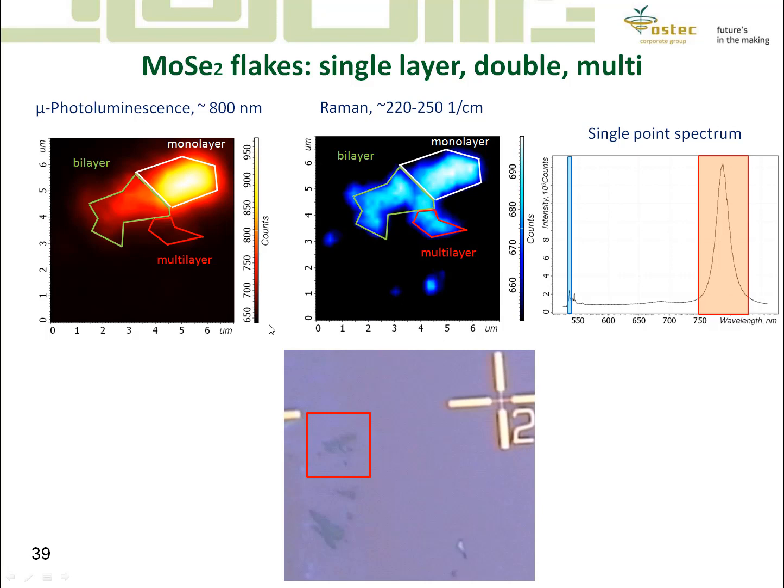And the other peak, a red, orange color peak on the spectrum, corresponds to the fluorescence, which appears only in monolayer material, but in bilayer or multilayer it's significantly smaller because of the type of semiconductor in this case. So this is molybdenum diselenide flakes, and such optical properties can be identified simultaneously with the Raman mapping.